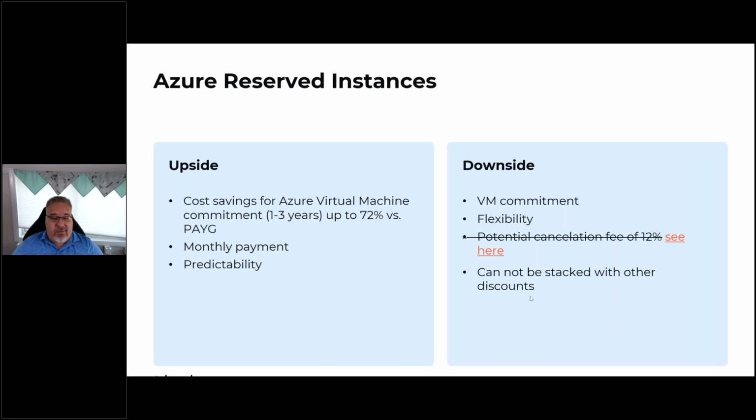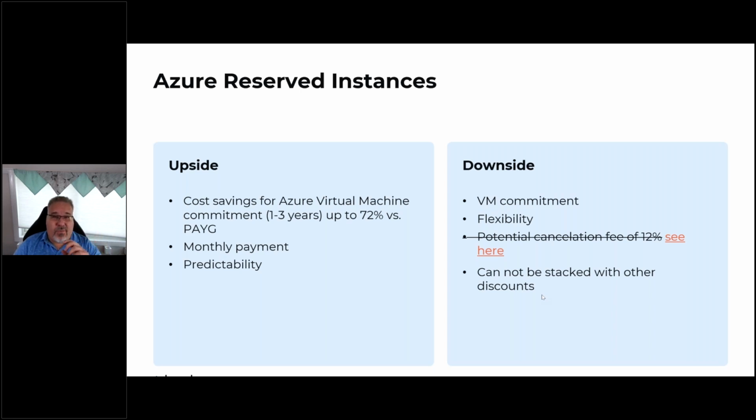And this cannot be stacked with any other discount. I'm just being a little redundant, but if your customer is set up with a savings plan and they want to add a reserved instance, the reserved instance will supersede the resource that they're consuming in the savings plan. Let's just say they're using a D2V1 in their savings plan and they're getting 30% off.